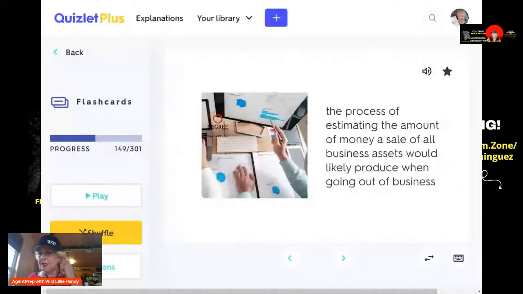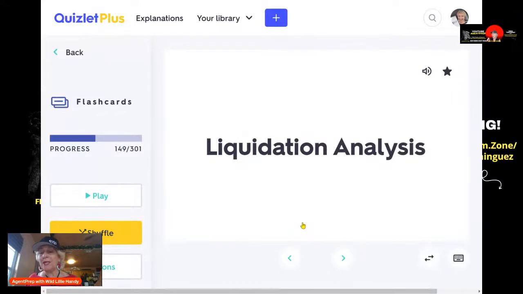So the process of estimating the amount of money a sale of all business assets would likely produce when going out of business. Now, if you're going out of business, doesn't mean you're losing it. You're just going out of business. Liquidation analysis. So you liquidate your assets.